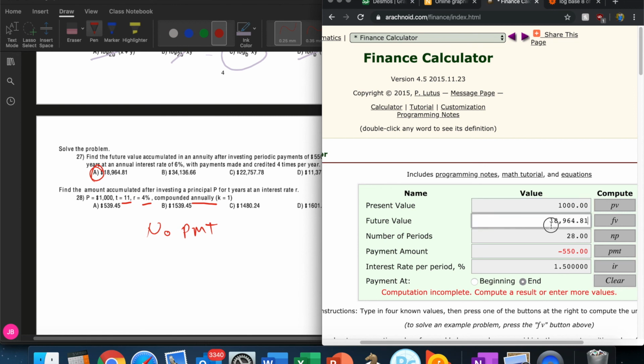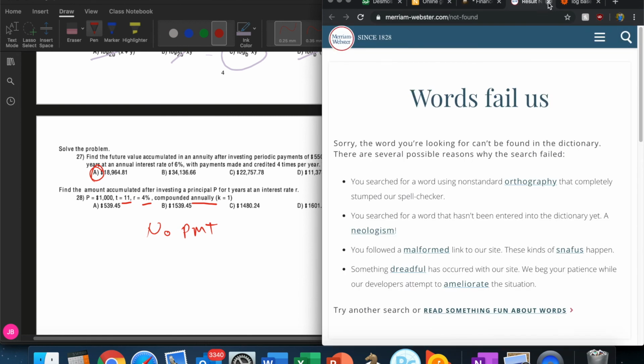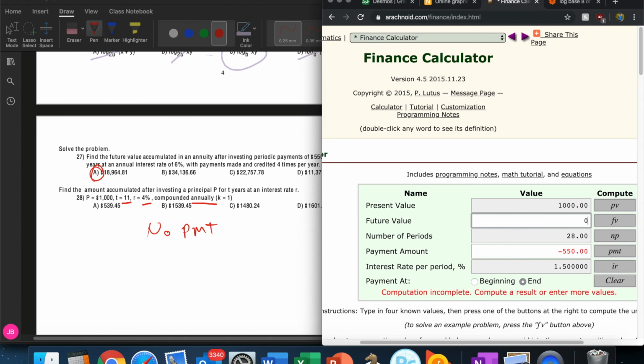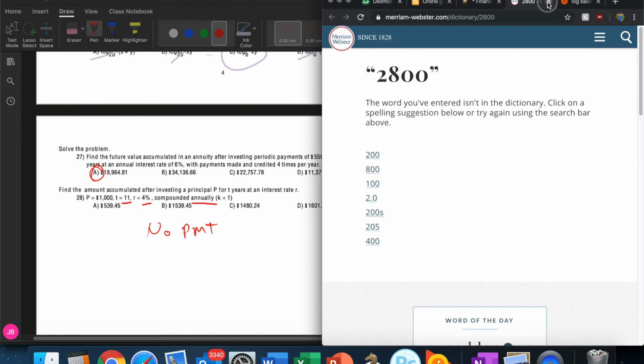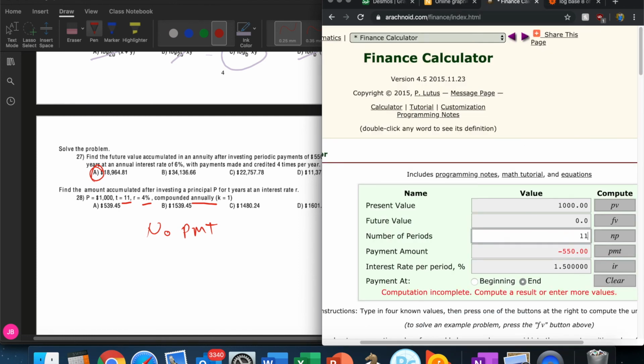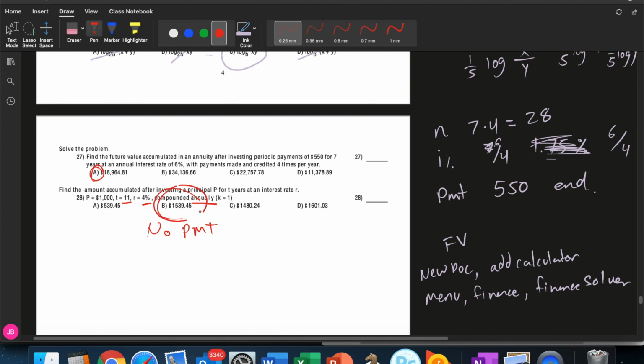Future value is going to be, well, we don't know that yet, so we're just going to put it at 0. Number of periods is going to be 11. Payment amount, that's going to be 0. And interest rate per period is going to be simply 4%. And we're going to calculate the future value. So the future value is going to be 1,539.45, which is going to be B.